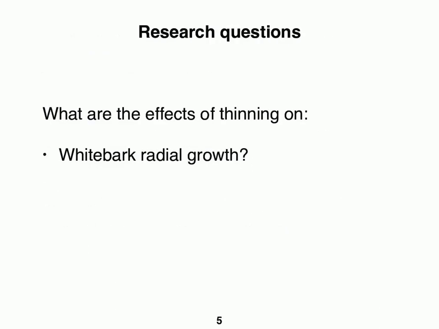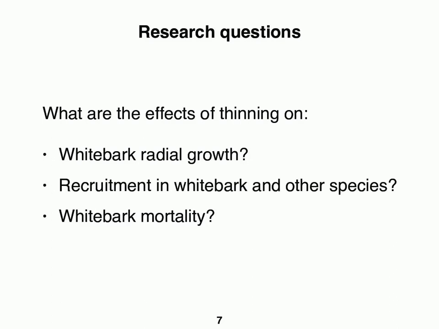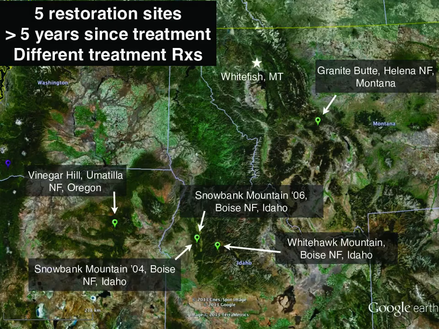So my research questions in this study are, what are the effects of thinning on whitebark radial growth, on the recruitment of whitebark and other species? So I'm trying to get at that whole successional dynamics, and whitebark pine mortality.